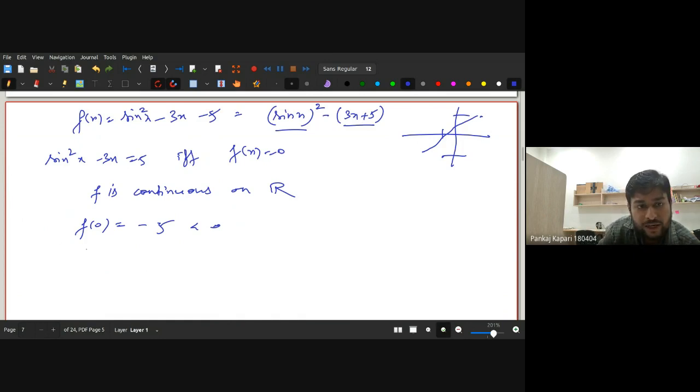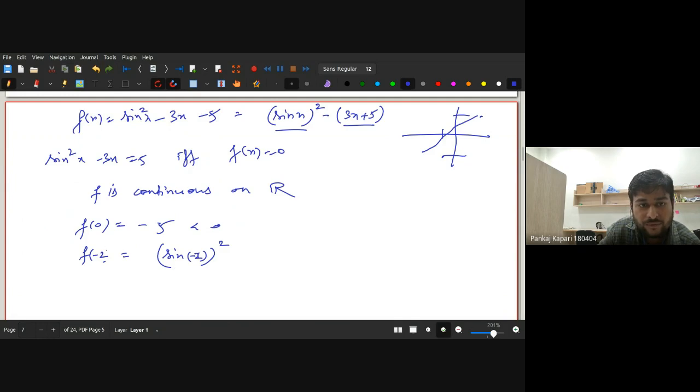So we have to find such a value. What about at minus 1? f of minus 1 is sine of minus 1 whole square, and at minus 1 this becomes positive. So let's find some other point, at minus 2.